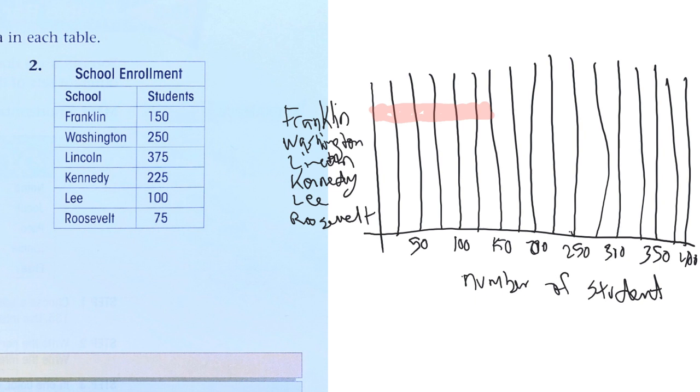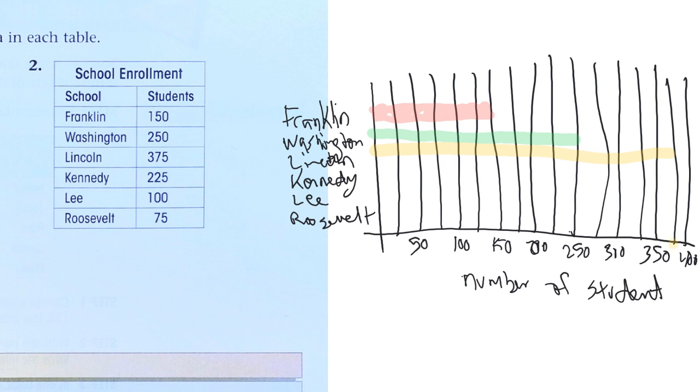Change color for Washington has 250. So I can start at 250 there. And then Lincoln has 375. So where's 375 is all the way almost to 400. And so we can see halfway between 350 and 400 is the 375 line.